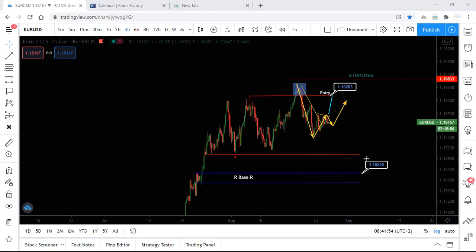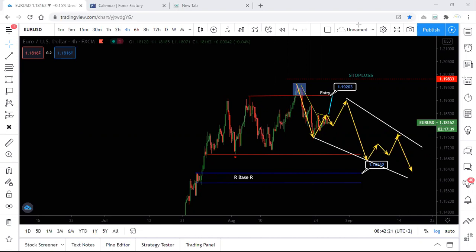This can even play out as an ending diagonal, giving us that 335 structure before dropping to this level. Sorry for this ugly drawing, but we can anticipate some kind of ending diagonal. Eventually the structure will unfold and give us a proper setup.